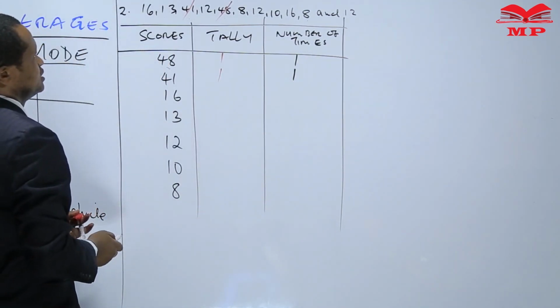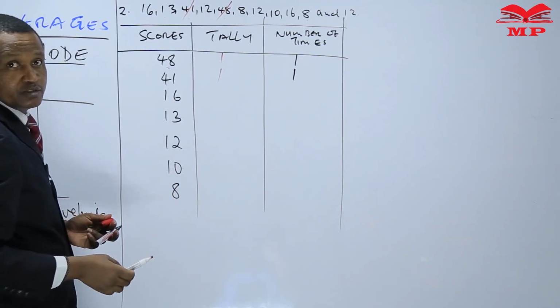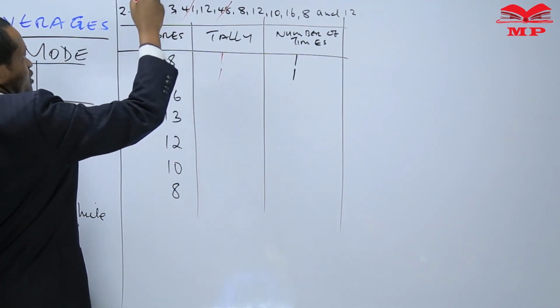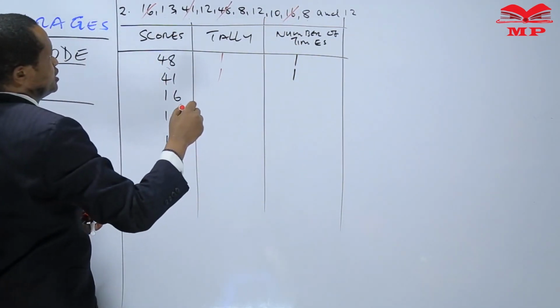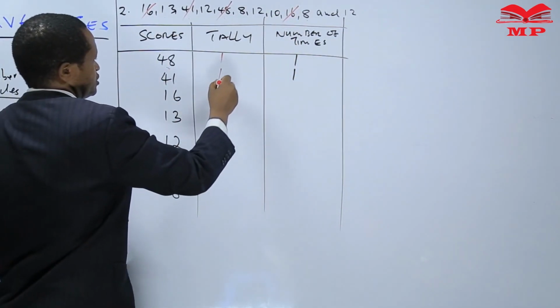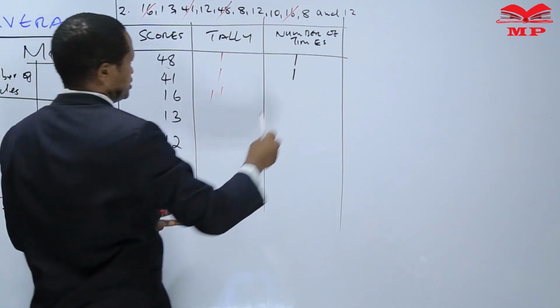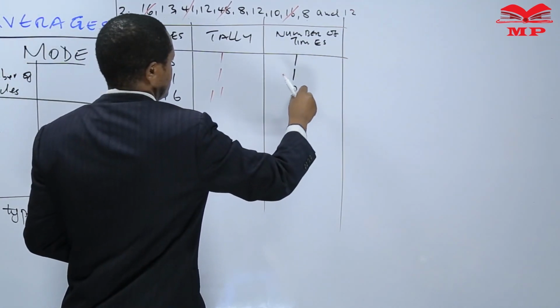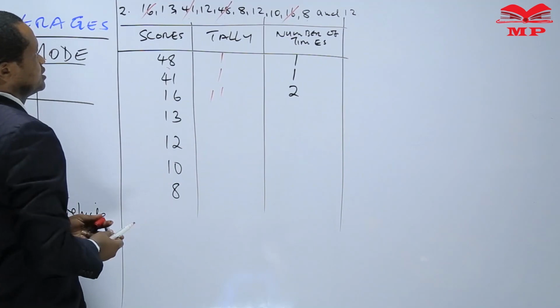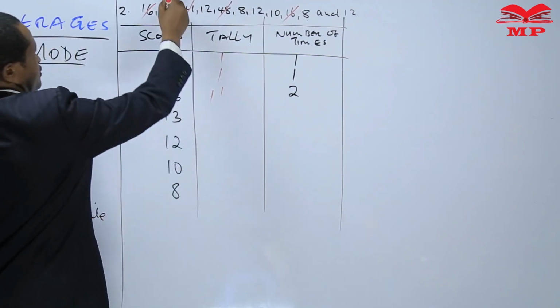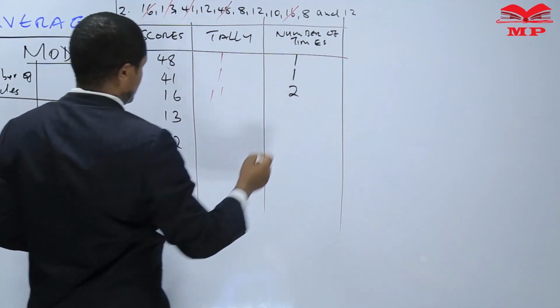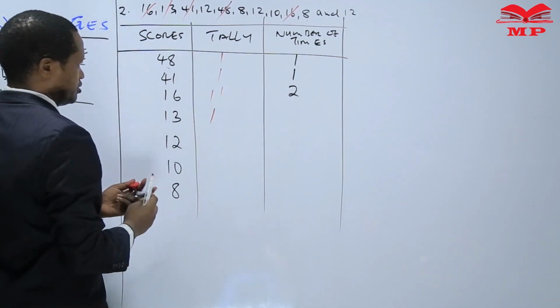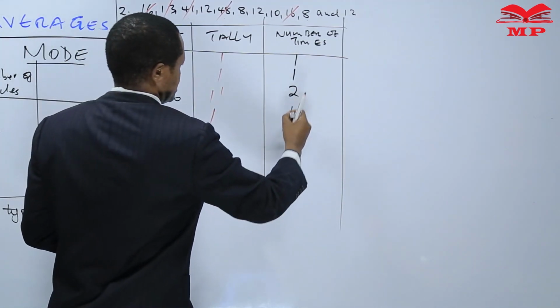Followed by 16, how many students scored 16 marks? There is one student here, another student there, those are 2. So 2 students scored 16 marks. 13 marks, only one student scored 13 marks.